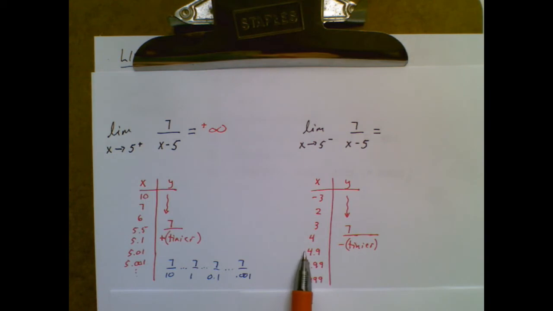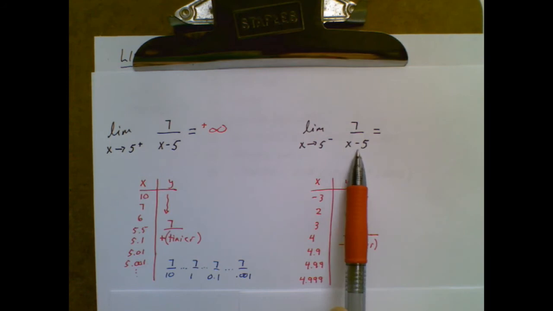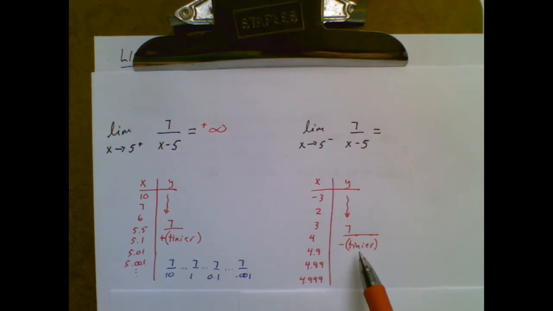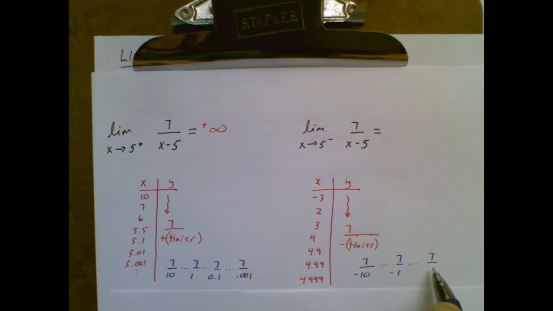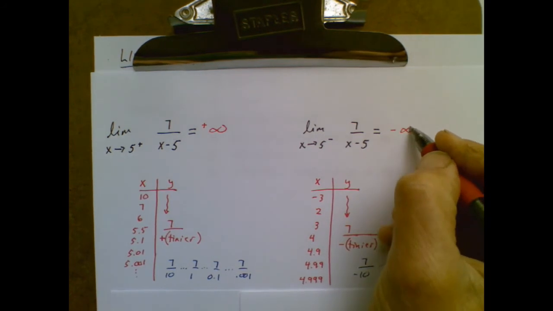So now as I plug in these values that I'm really caring about, my denominator is negative but super, super tiny. So I have this trend of 7 divided by a negative number that's tinier. So it might be like this. And you get the point. We're going to end up going to negative infinity.